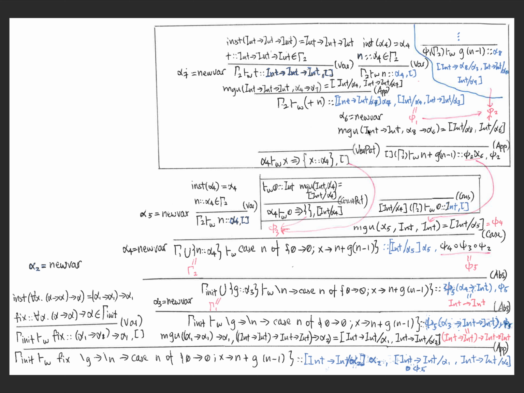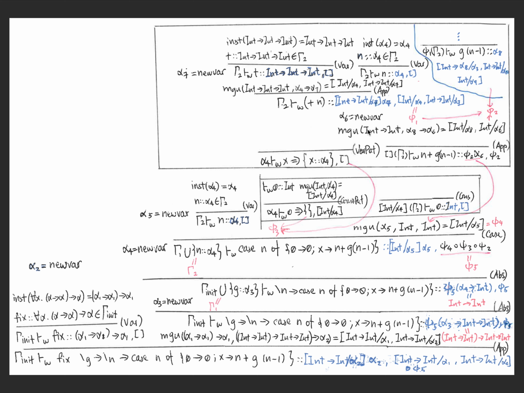First, we need to create a new result type variable, alpha 10. And then we infer the type of minus, which is obviously int to int to int. That will give us the empty type substitution. And then we look at the actual argument, which is n.